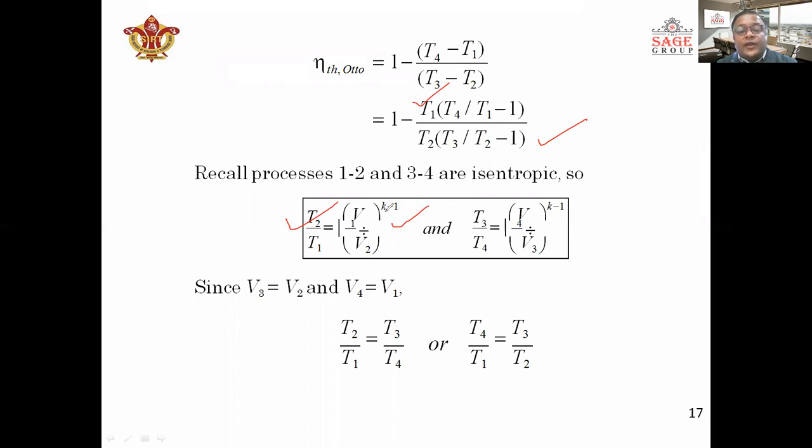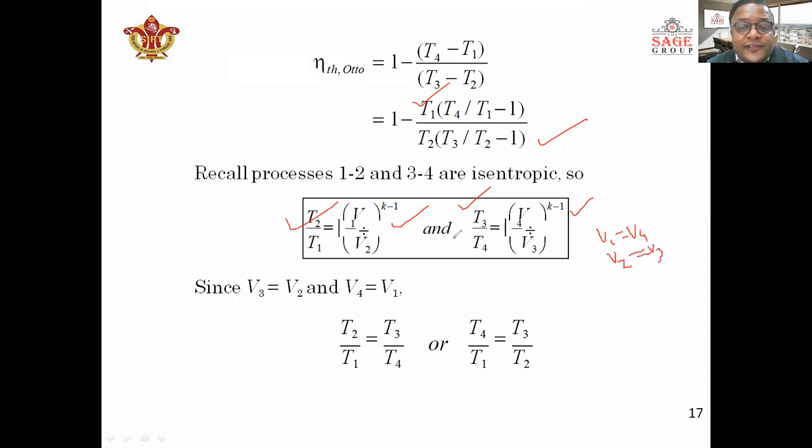In many places you will find k, in many places gamma, in many places n, depending on the type of book and the writer. T3 by T4 is equal to (V4 by V3) to the power of k minus 1. Because constant volume processes are taking place, V1 is equal to V4 in the 4 to 1 process, and similarly V2 is equal to V3.